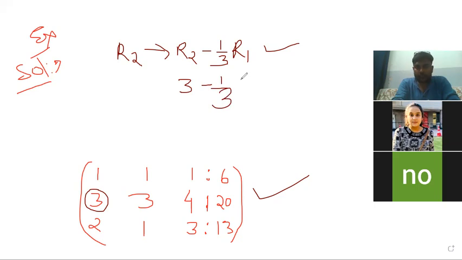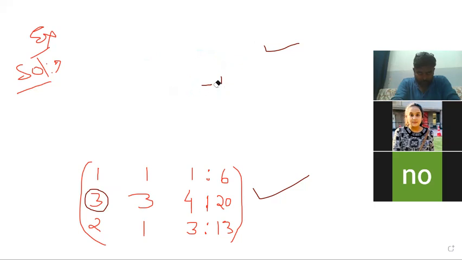Why? I have written wrong. Okay, just wait. I have written the wrong value. Initially, we interchange R1 to R2.